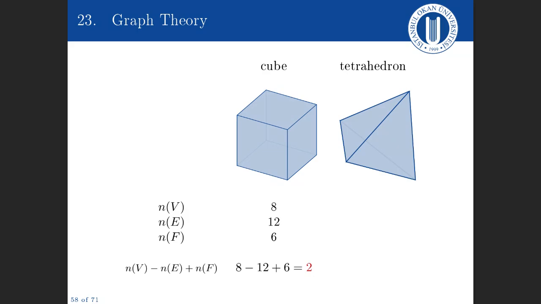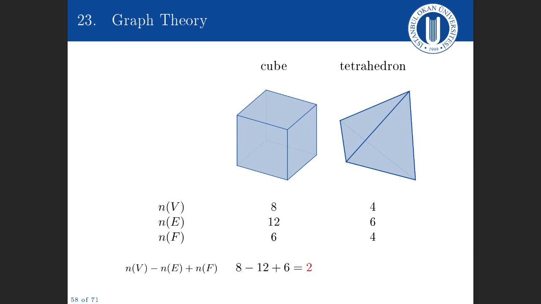Okay, let's do another one. What about a tetrahedron? A tetrahedron has 4 vertices. Each vertex is connected to another 3 vertices, so 4 multiplied by 3, and then divide by 2 so we don't count each one twice. 4 multiplied by 3 divided by 2 is 6.